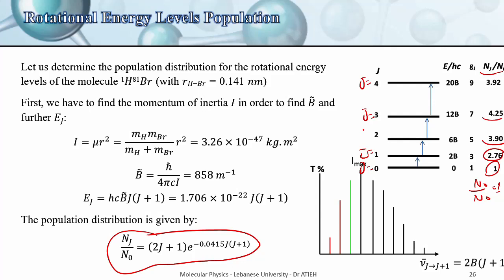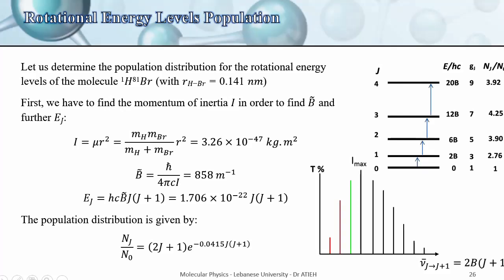We can deduce that J equals 3 is the level that has the most population. So we can expect that around J equals 3 will be the highest intensity of the spectrum. So here the highest intensity is approximately around J equals 3, or a transition from 2 to 3 and from 3 to 4.